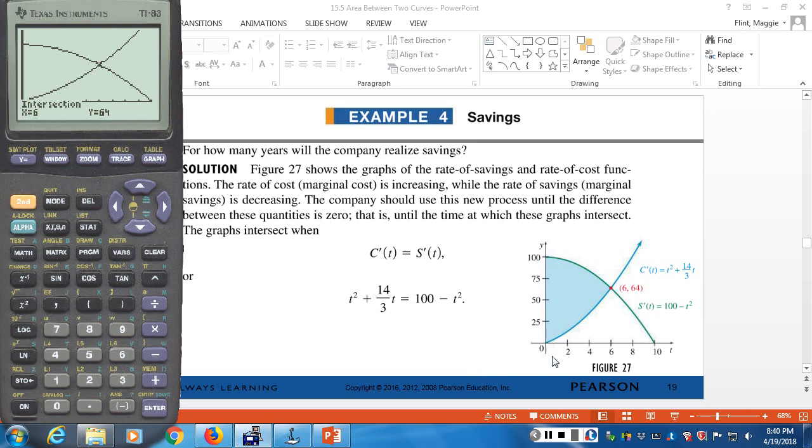So what we want to do is integrate the difference in those two functions from 0 to 6. And the top function, of course, is S prime, which is the 100 minus t squared. So it's going to be 100 minus t squared, which is in the y1 position, minus the y2.